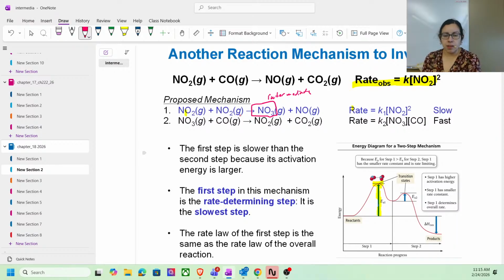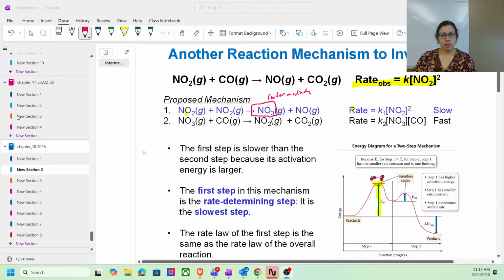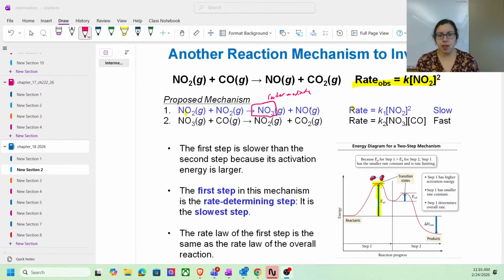So we make this intermediate NO3 species, and then we make one equivalent of NO. And what they're giving us is a proposed slow step.